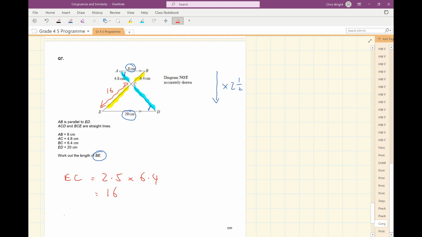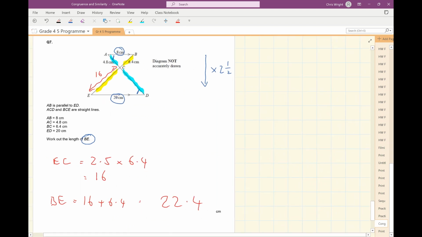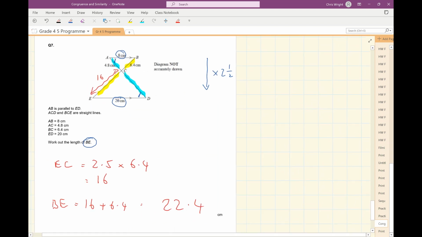I can work out the whole of the length from B to E. It will be 16 plus 6.4, which gives me an answer of 22.4. And that is a difficult question to end on. I would expect that to be towards the end of a foundation paper. That's very tricky indeed. Right, well done.